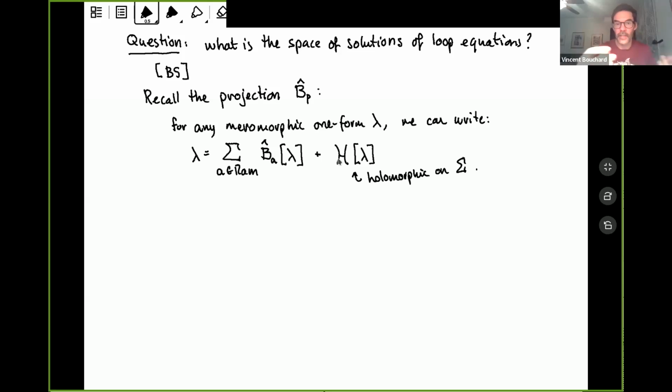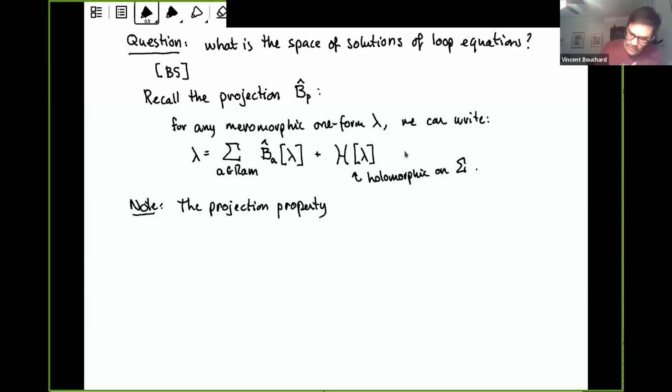And if lambda satisfies the projection property, this extra term is 0. So note the projection property on this set of ramification points. This is something we talked about. It is the statement that this extra term is 0.